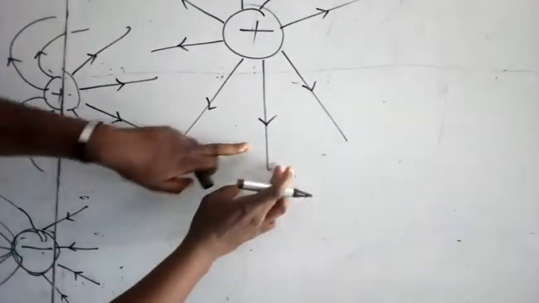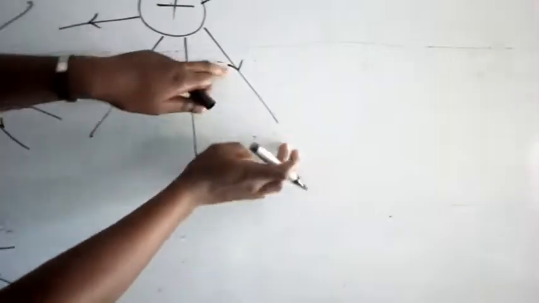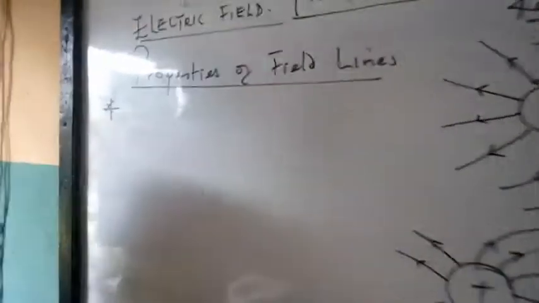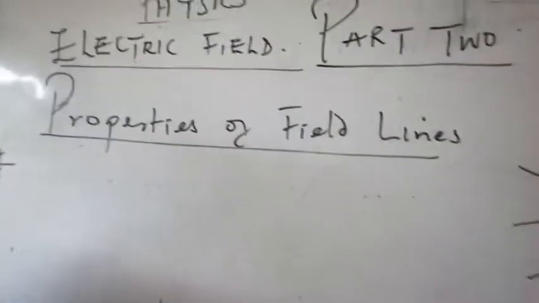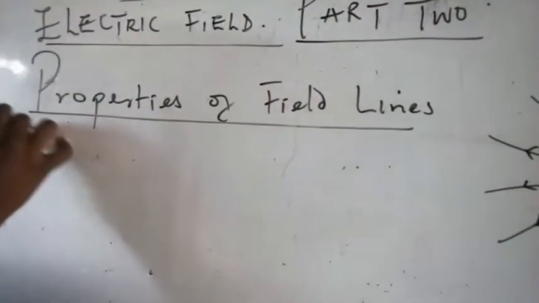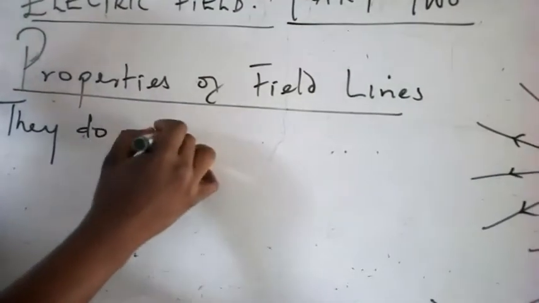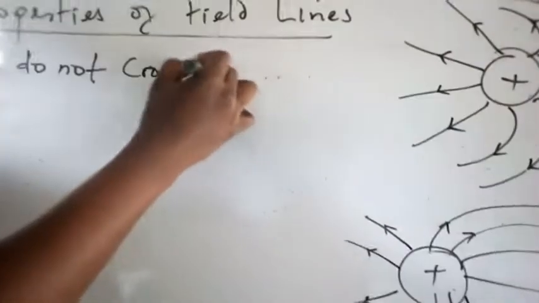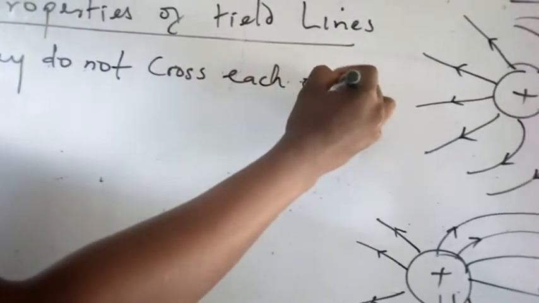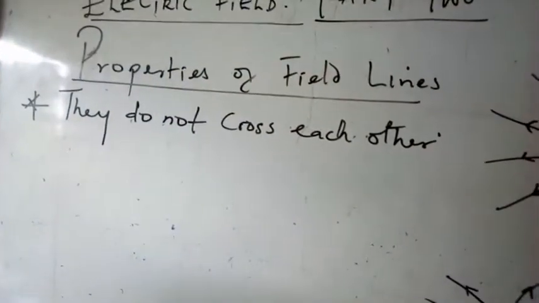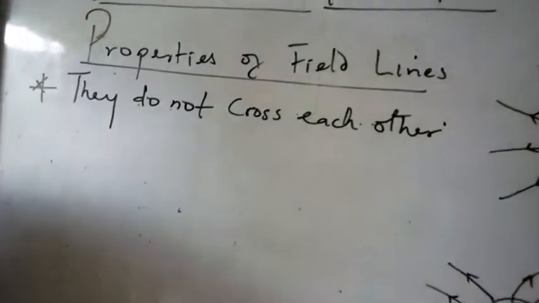As you can see, it's not crossing the next line. So one of the properties is that they do not cross each other. The electric field lines don't cross each other.